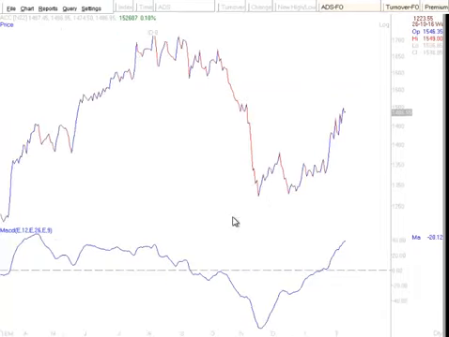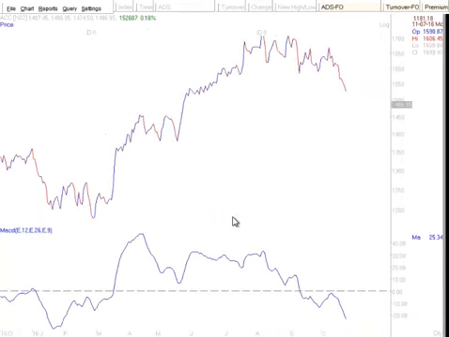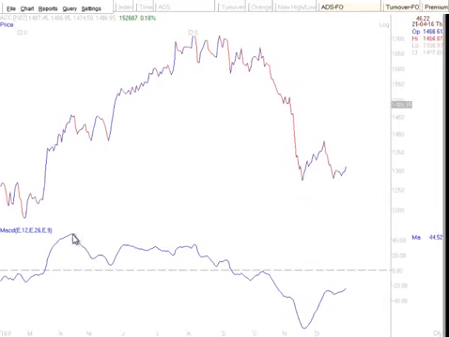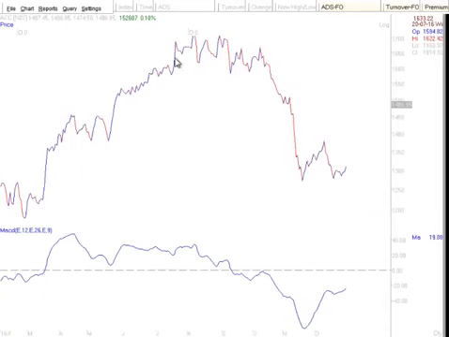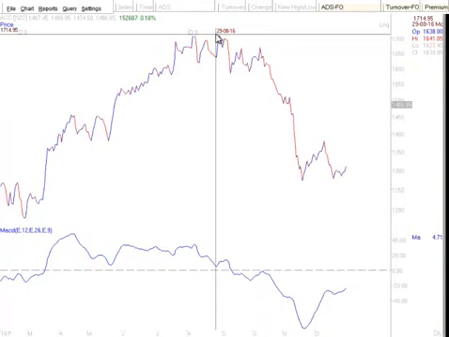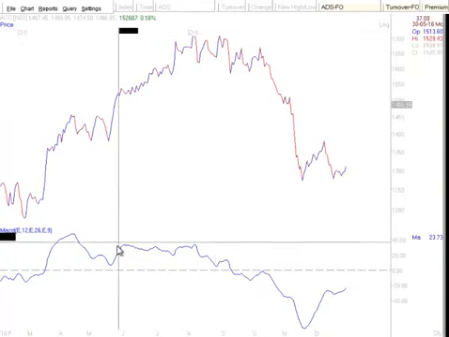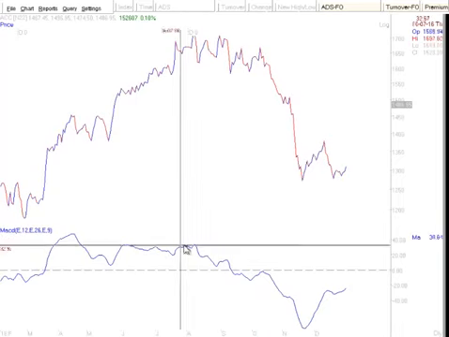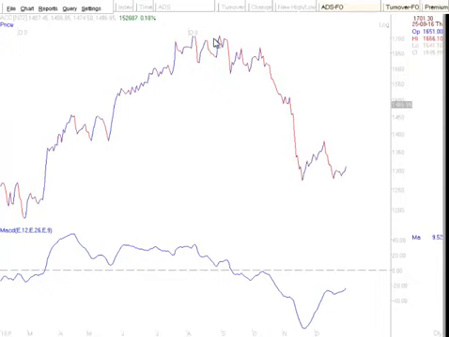So let's see if you can see divergences over here. Now you see this is ACC. From the levels of 1450 all the way to 1700, this 250 points rally of ACC, at each and every high, the MACD was actually coming down. So in this phase of ACC, you can go buy, make long trades, it's fine.